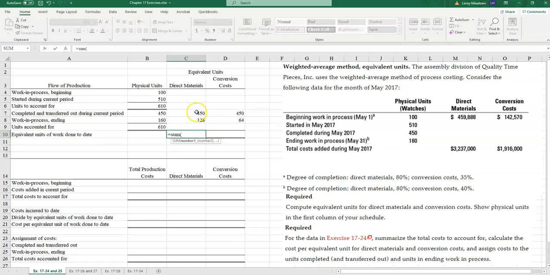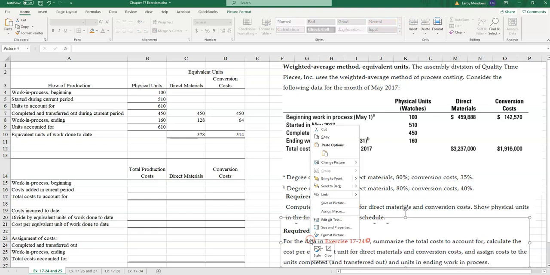For direct materials, the 450 completed and transferred out, plus the 128 in ending inventory, gives me 578. And finally, for conversion costs, my equivalent units of work done to date, 514 units. And that is exercise 24.